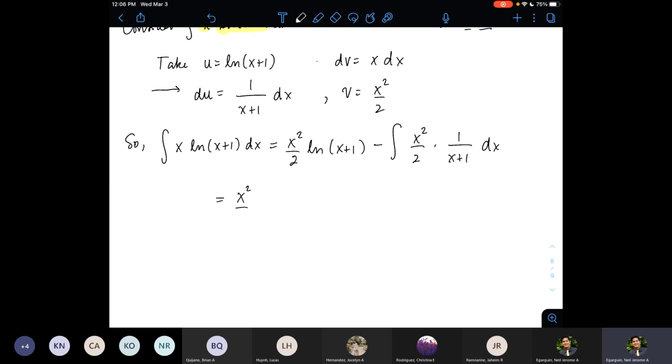So here I'll have x squared over 2 ln of x plus 1 minus 1/2 integral of x squared over x plus 1 dx. And we're hoping that this integral here is much easier to evaluate. A common mistake students make whenever dealing with integrals like the highlighted one is that they write it as x squared over x plus x squared over 1.